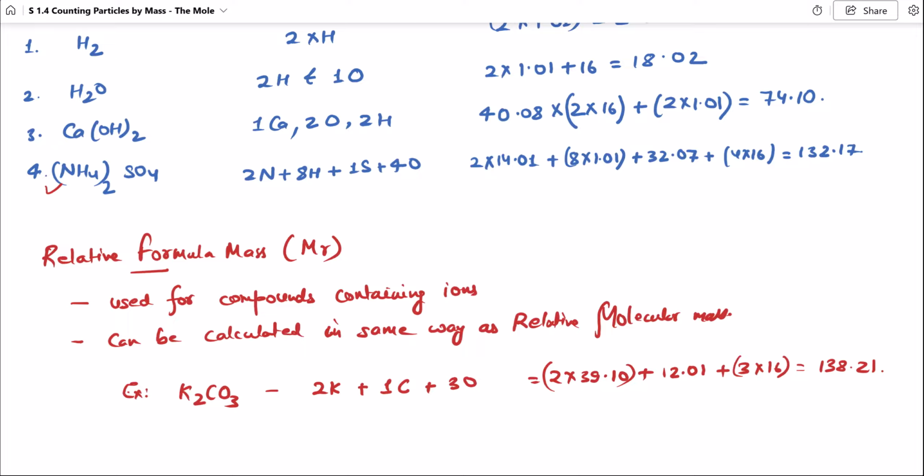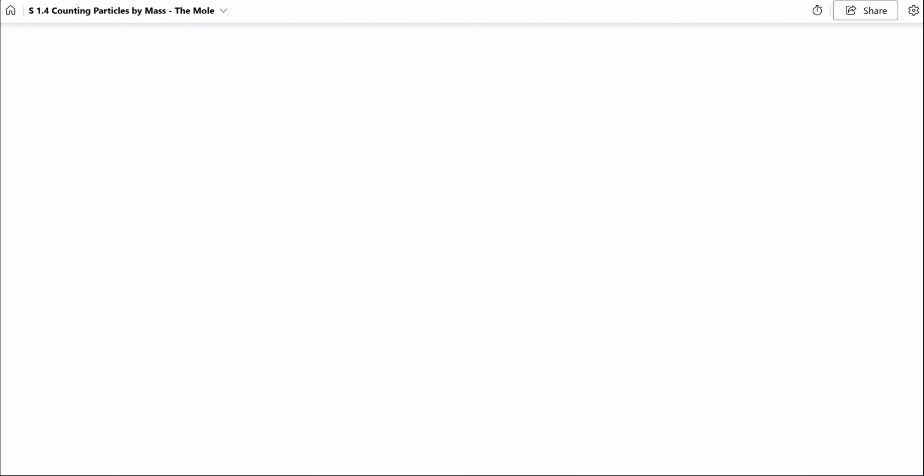Okay, so let's continue with the next part. Let's say how to find the molar mass. Let's talk about that. What is molar mass? So since atoms are first of all very small, right? So any sensible laboratory quantity of substance must contain a huge number of atoms, right?